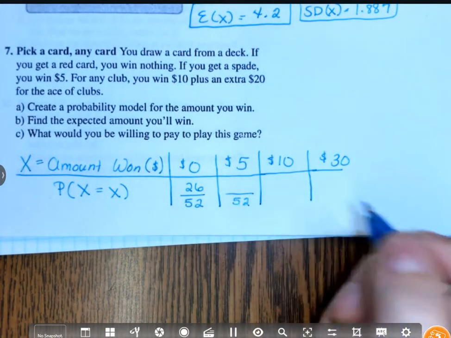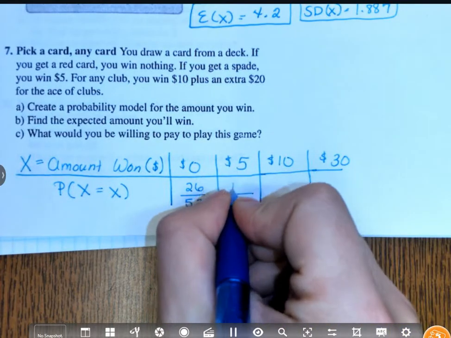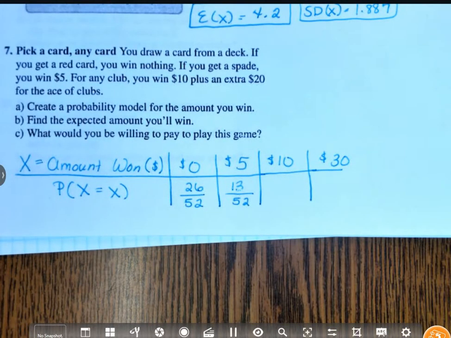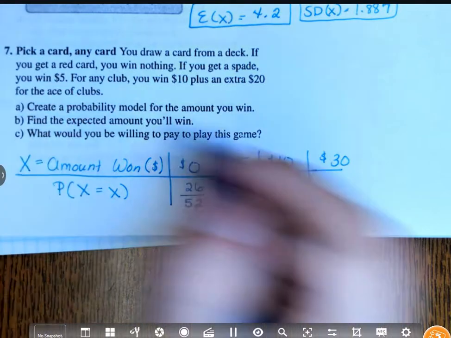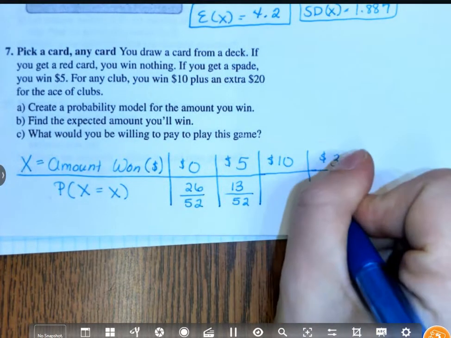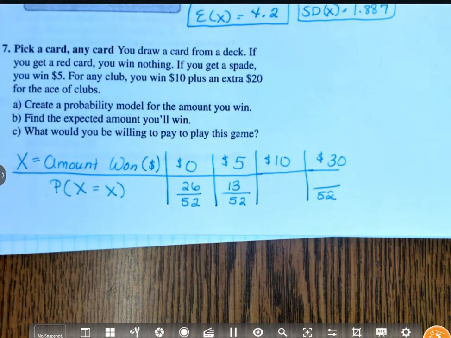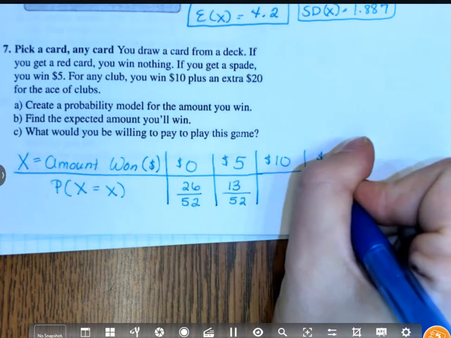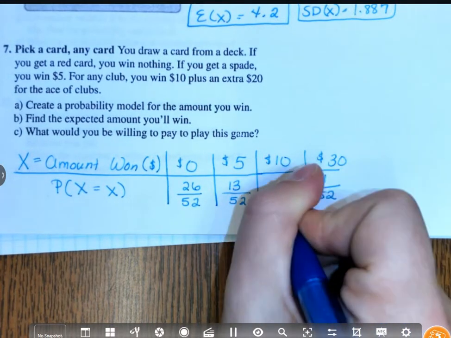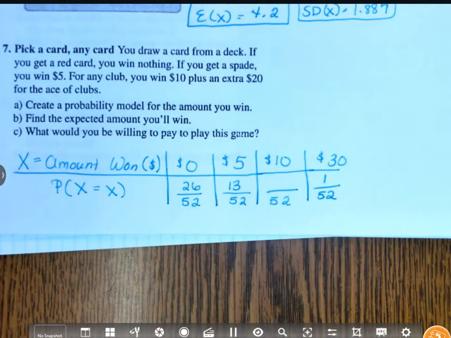A spade, and how many spades are there? Now, I'm lazy. There are a certain set of ways that I can get $10, and $10 is going to be the worst to calculate, so I'm going to go straight to $30. What do I need to win $30? Ace of clubs. How many of those are there? Just 1.